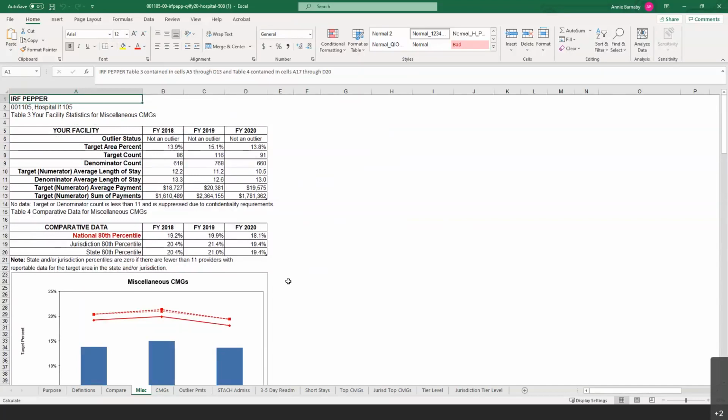It moved to 19.9% in FY 2019, and then in FY 2020, it actually dropped down a little bit to almost 18%. The jurisdiction and the state percentiles are listed there as well, and you can see where that black line, that 80th percentile line, was drawn for the jurisdiction and the state for each of the fiscal years.